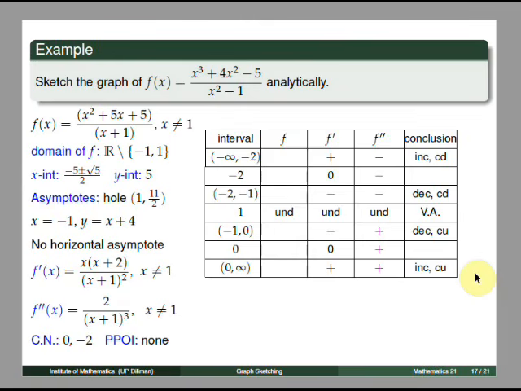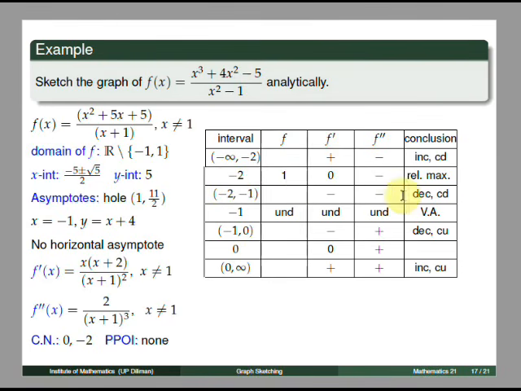Nice. Now, since we have changed from increasing to decreasing, at x equals negative 2, we have a relative maximum. Since we have a relative maximum at that point, we substitute negative 2 on the function to get the function value of 1. So please verify that f of negative 2 is indeed 1.